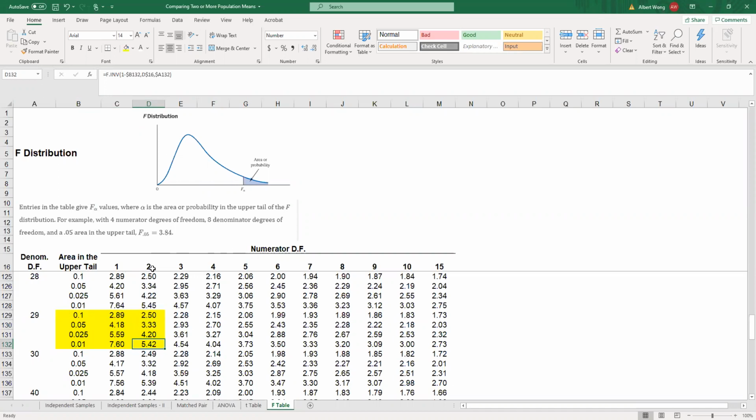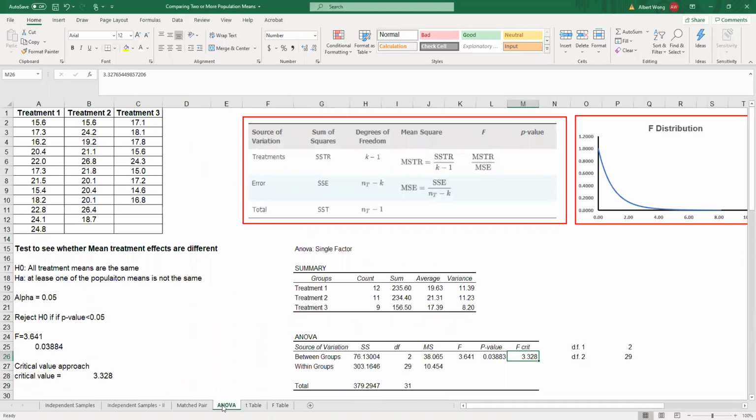You find the numerator degree of freedom, 2, in this column, and the denominator degree of freedom, which is 29, and you end up looking at this block of data, and you pick the one that corresponds to the proper alpha. That's how you find the critical value as well. So now you can say reject H0 if F is bigger than 3.328, because the F test is always an upper tail test.